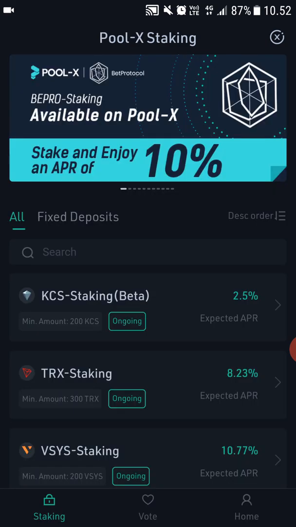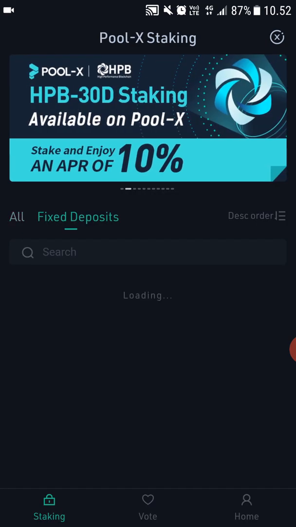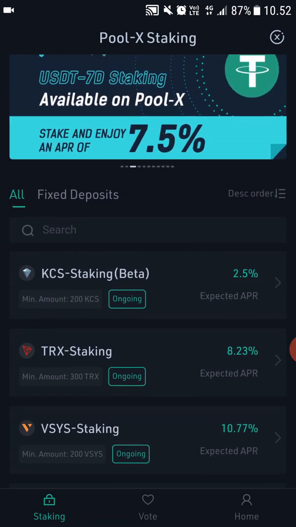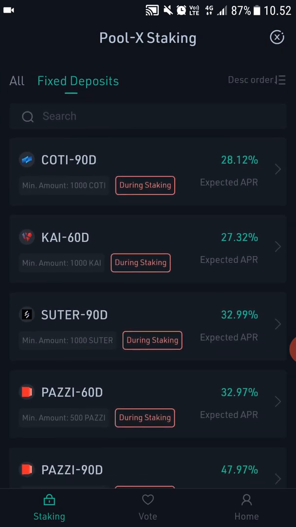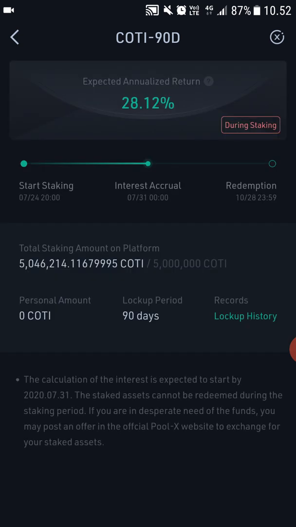The difference between the regular and fixed depositions is that here you can join whenever you want, but with a fixed deposition you have to participate in a set period. Let's go with, for example, the 90-day one. You can see how it's currently going. It's a 90-day lockup.